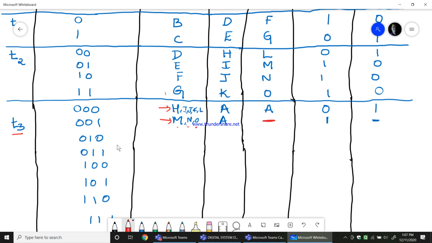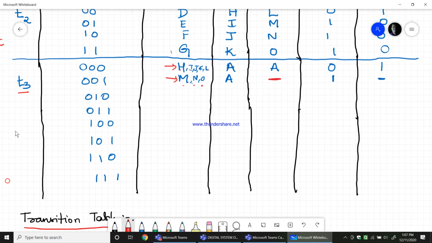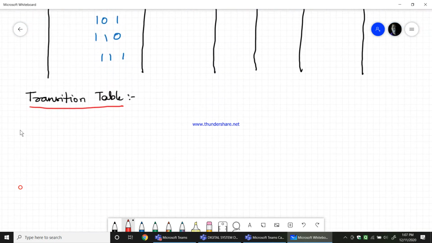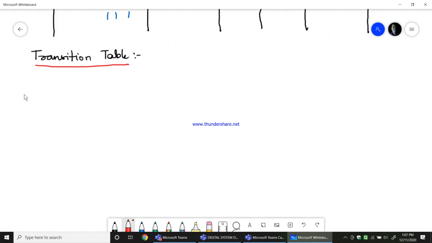Yes, sir. So now, once you have understood the state diagram and state table, the transition table is very simple. We'll write time, then present state, then next state. For present state, we'll represent Q1, Q2, Q3, the bit sequences that we have.